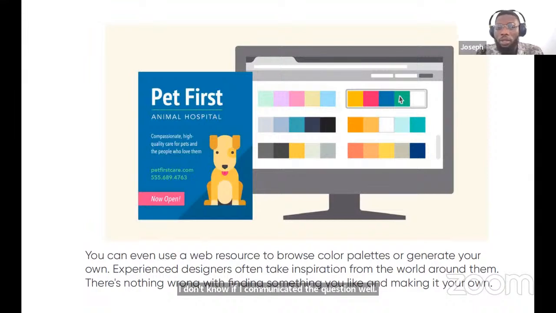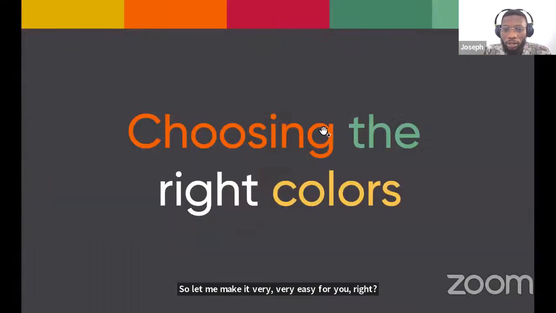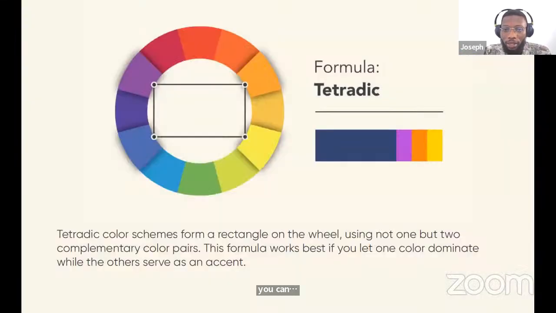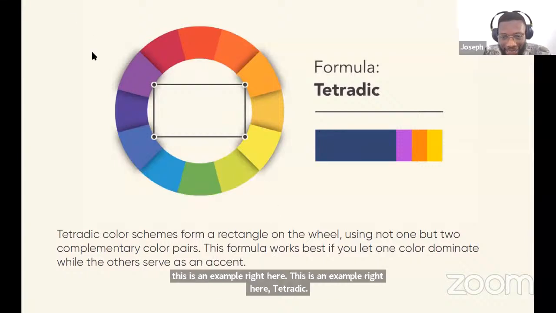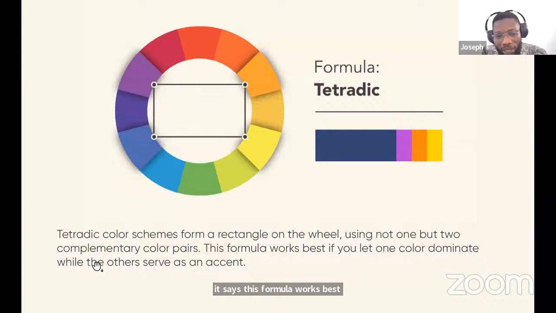Yes, I get you. Let me make it very, very easy for you. You can see this is an example right here, tetradic. It says this formula works best if you let one color dominate while others serve as accents.